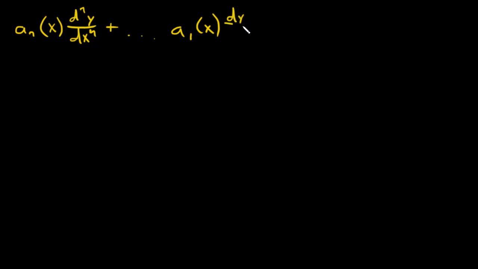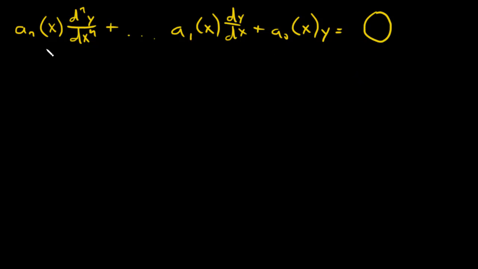The next little bit to take care of is something you're going to absolutely love. I'm going to go kind of quick with this. a sub n of x, the nth derivative of y, plus dot dot dot all the way down to a sub 1 of x dy dx plus a naught of x y equals 0.